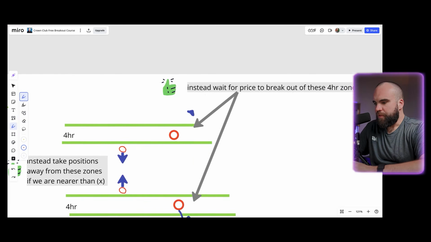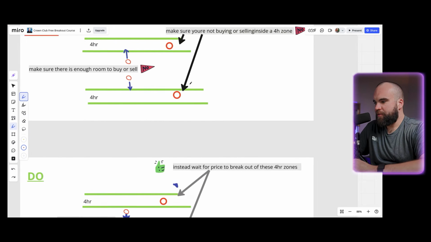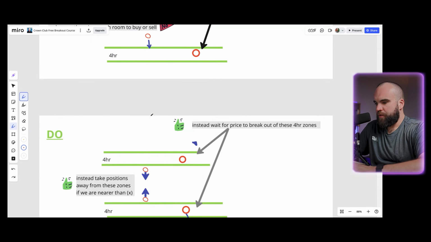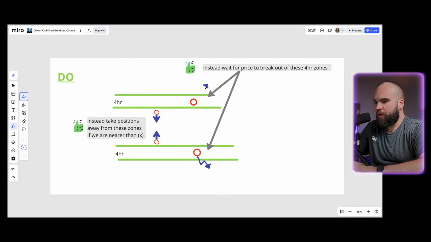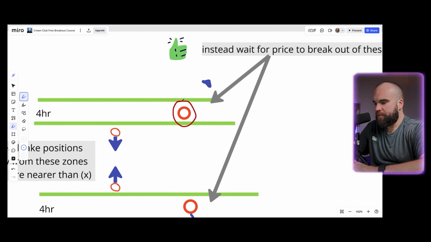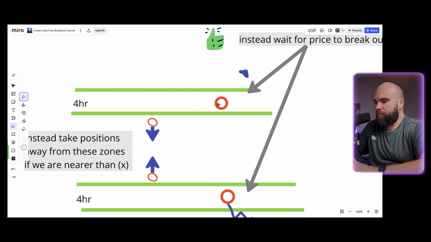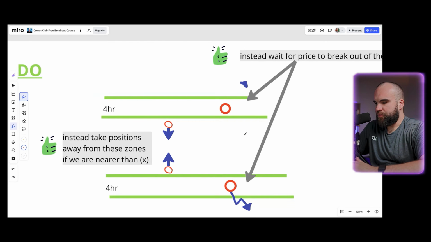Now, this is what you want to do, and this is what you don't want to do. So instead, we want to wait for price to break out of the 4-hour zones if we are currently inside. We don't want to be trading inside of these areas. We want to wait for price to break out first, okay? Or we wait for price to break back in and we can take trades inside of these 4-hour zones.